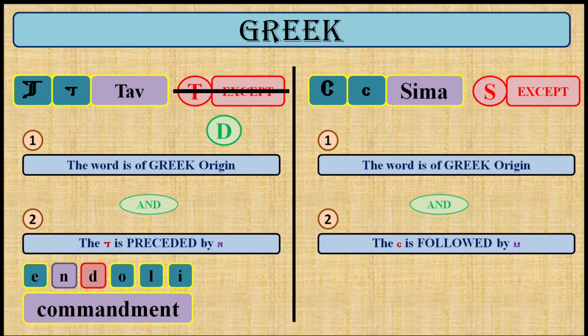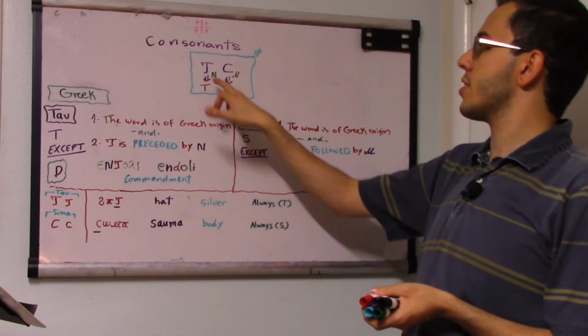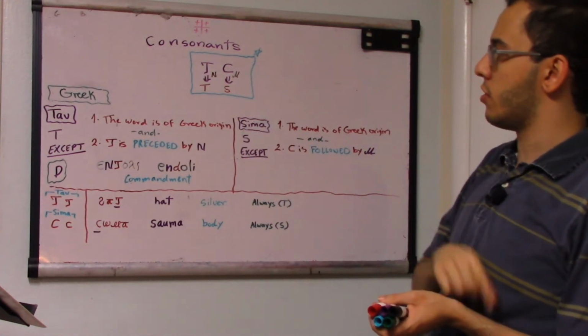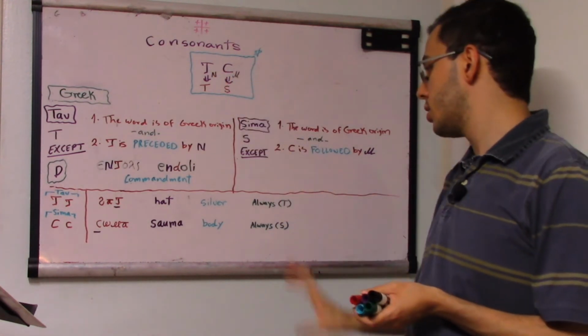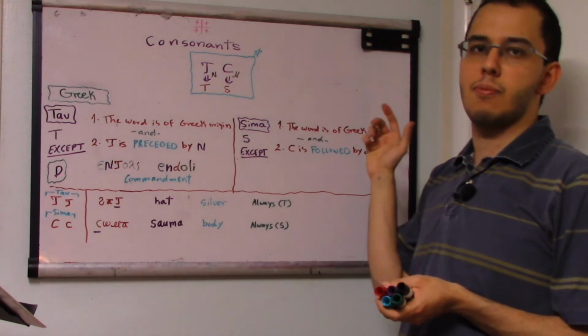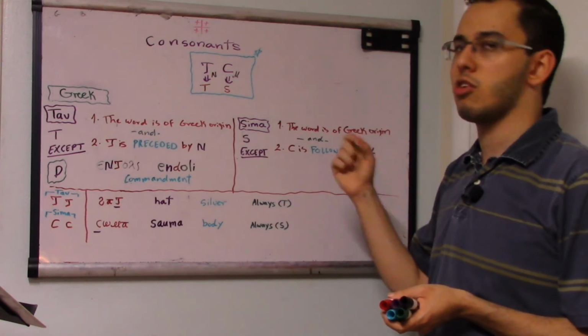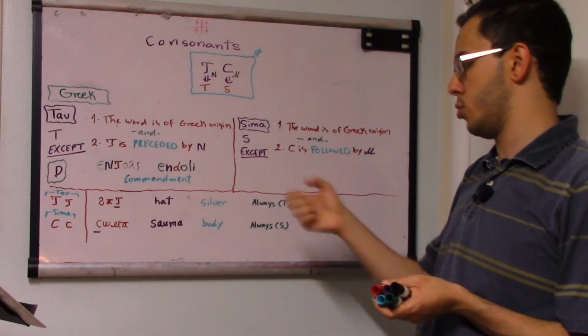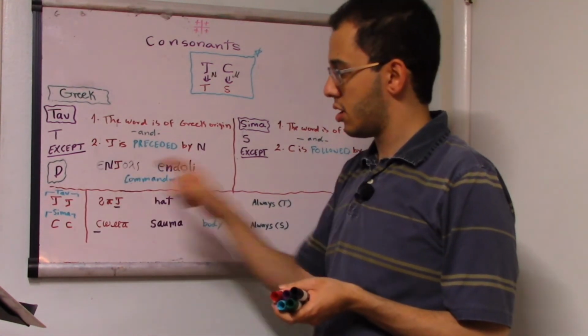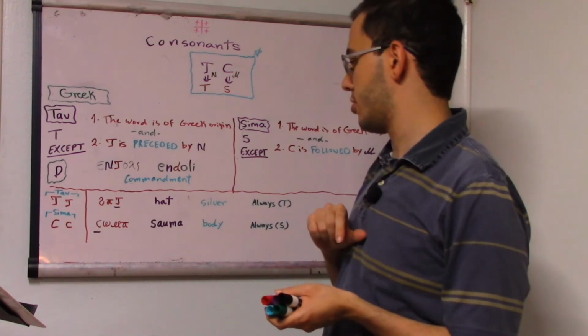Hence, I associated Sima with the me up there. So if you remember this, Tav and Ni are associated together, Sima and me are associated together. If you remember that connection and you recognize that the word is Greek, you should automatically get some alarms in your head saying, oh, this is probably going to be a different pronunciation than what I'm used to. And so for Tav, you have to check before, and for Sima, you have to check after.